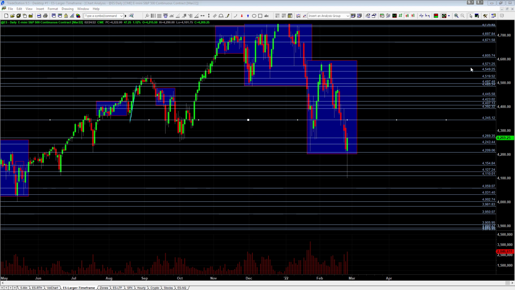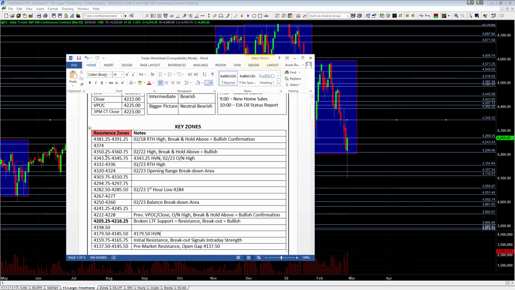And that's why on the trader worksheet, this particular zone is a bias affecting zone, right? Break and hold above equals bullish, so we know this is a bias changing zone. And if we take this out, that's a bias confirming zone. So on the upside, all of this is going to be very key.